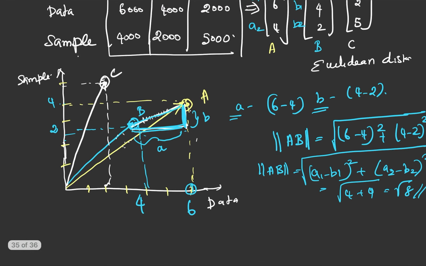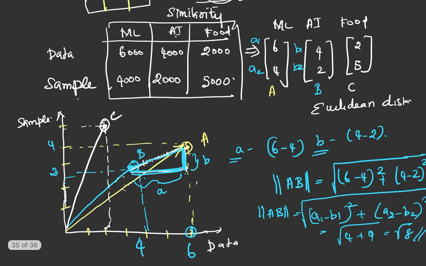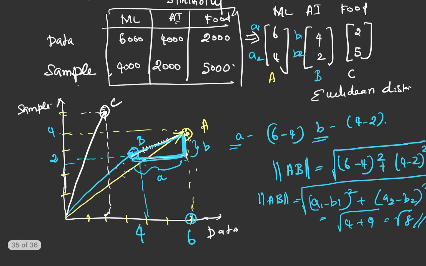Similarly, can we calculate the distance between A and C? Similarly, we can calculate the distance between A and C, this distance. Now for the document C, we know C1 and C2.